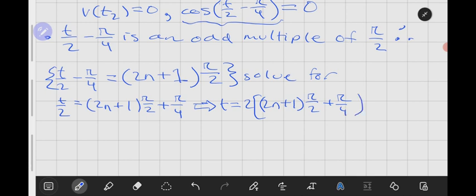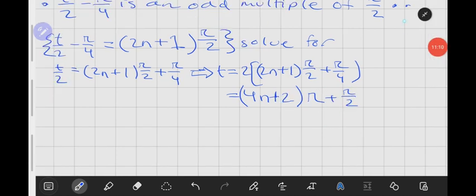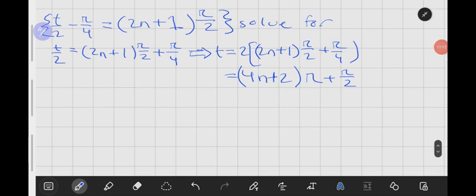Okay, and we can rewrite this by distributing our value of 2, so that we get the following. Now that we have this statement, we know t is equal to 4n plus 2 times pi plus pi over 2.